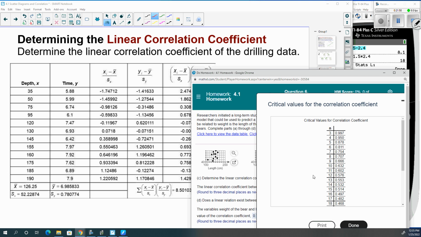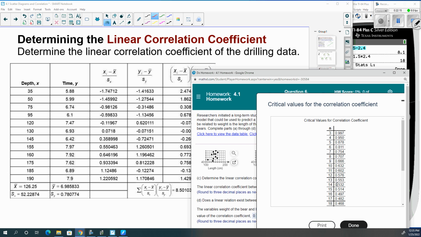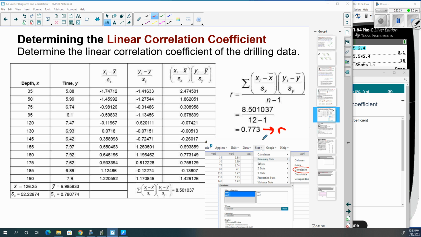So I just come to here, and it says 0.576. If my correlation coefficient, which on this one was 0.773, is greater than the number I see from the table, 0.576, then that means there is a linear association for this data.